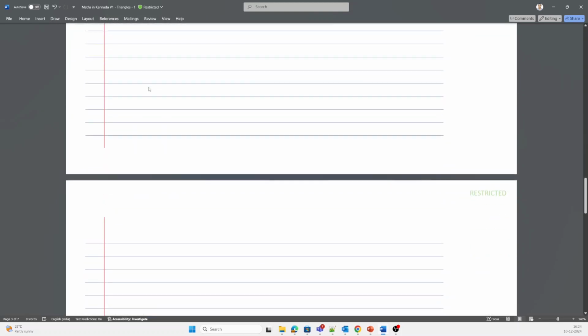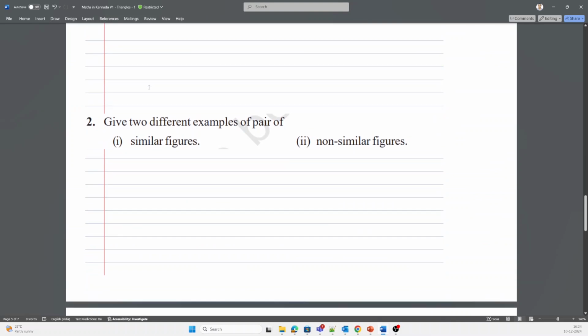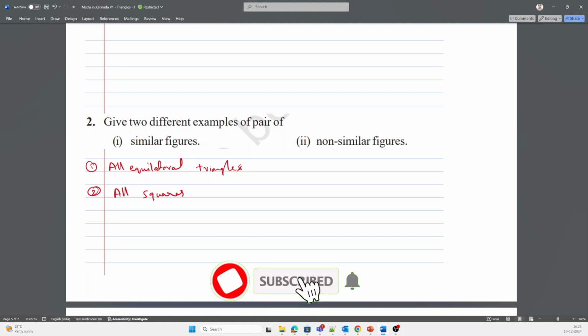Okay, so this is the answer for your first sum in exercise 6.1. Now if we see the second question, give two different examples for a pair of similar figures. Similar figure means you can say all equilateral triangles. Yes, one. And the second example would be all squares, because the angles will be 90 degrees here and angles will be 60 degrees here.